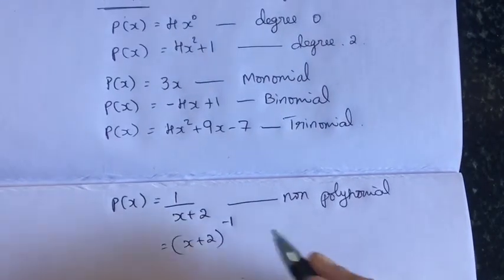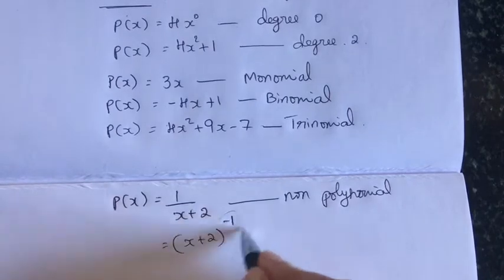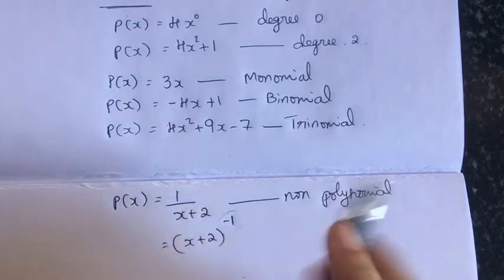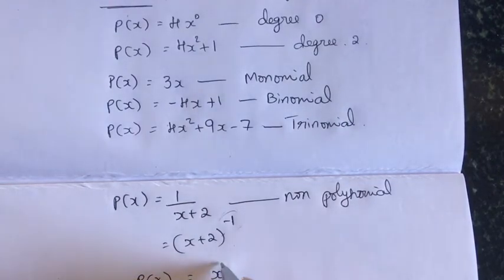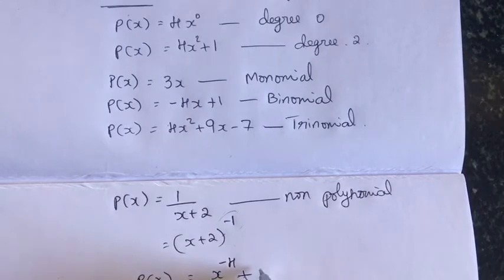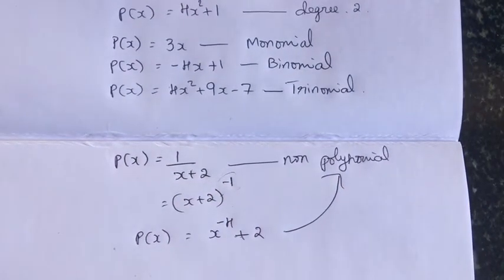It can be written like this. So negative exponents are not possible in terms of polynomial. So these are nothing but the non-polynomials. Even if it is something like x power minus 4 plus 2, this is also not a polynomial.